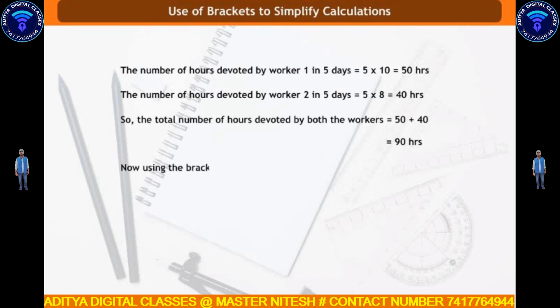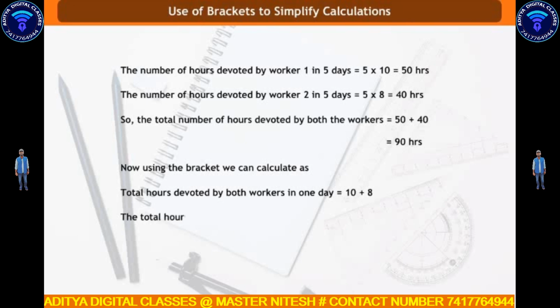Now using the bracket we can calculate as total hours devoted by both workers in 1 day is equal to 10 plus 8. So the total hours devoted by both workers in 5 days will be equal to (10 plus 8) into 5, which is equal to 18 into 5, that is 90 hours.